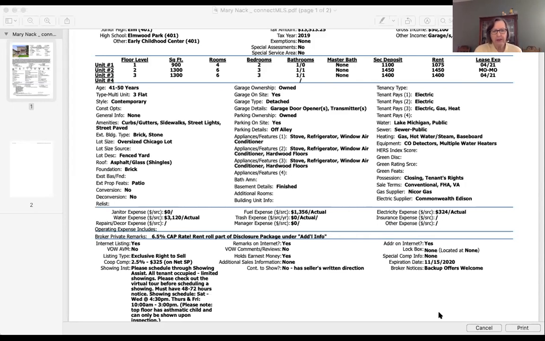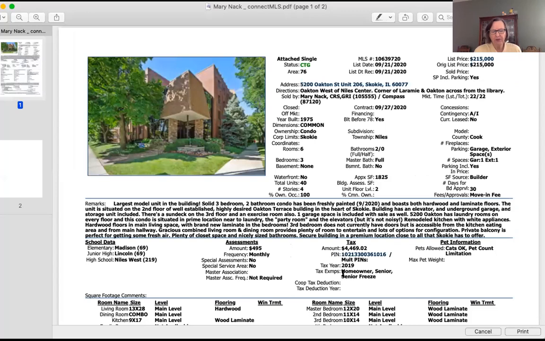Okay. This is a condo listing, and the information on a condo will be different than what's in a single family home, because there's a lot of similarities, but there's some additional information, like what's the percentage of owner occupancy, which means how many of the units are rented versus how many are owned or occupied by owners.